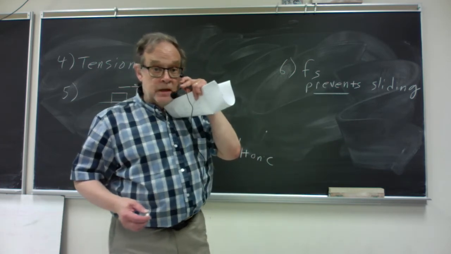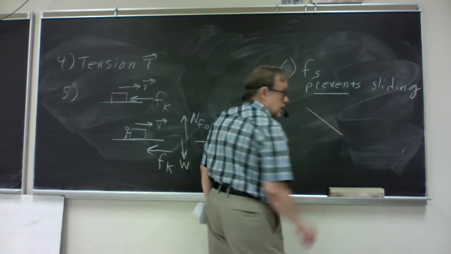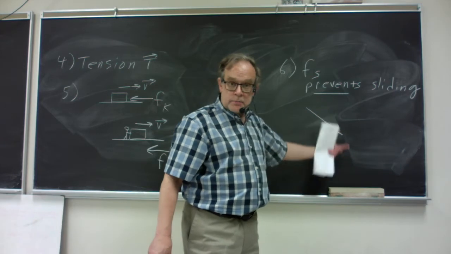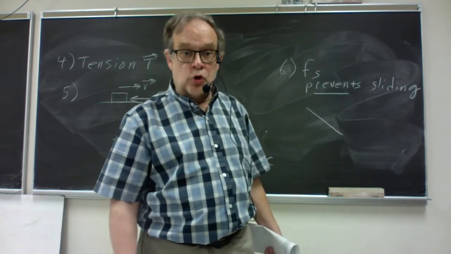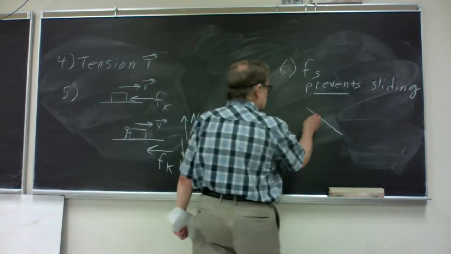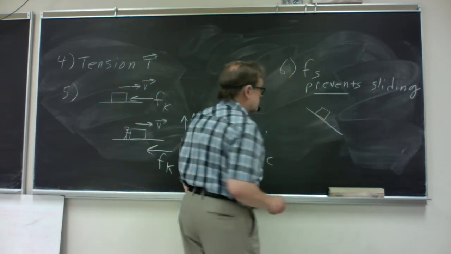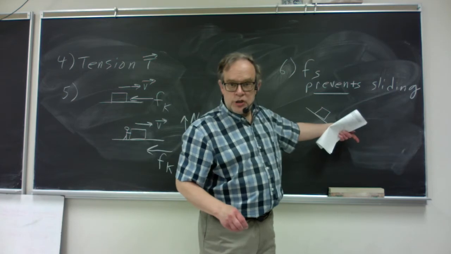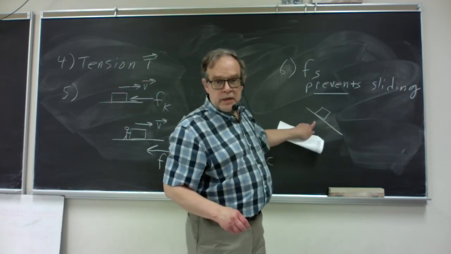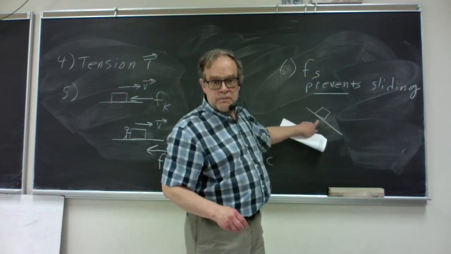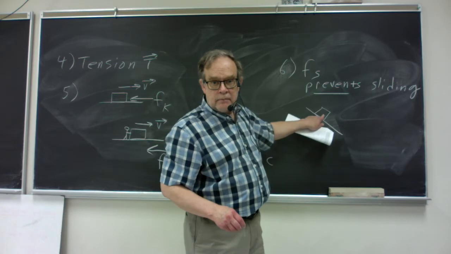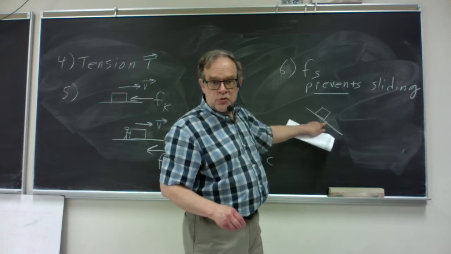For example, imagine a crate on an inclined surface. You would expect gravity to make the crate slide downhill, but sliding in this direction is being prevented. That's because there's a static friction force, the adhesive force between the molecules of the incline and the molecules on the bottom surface of the crate.